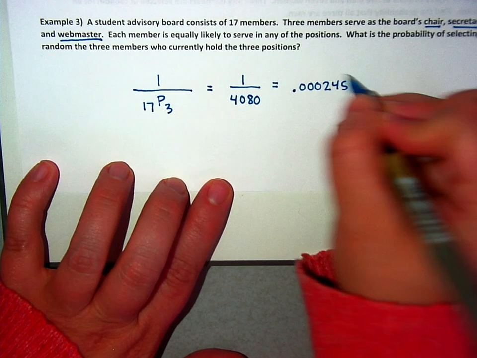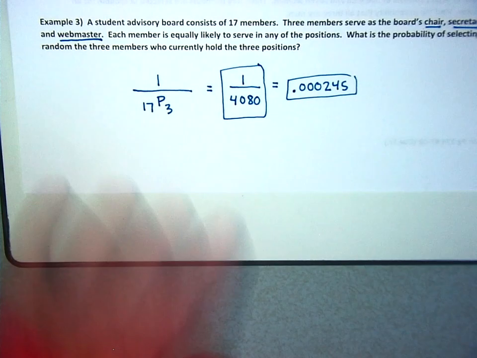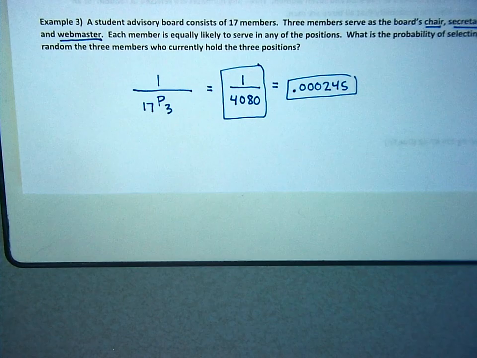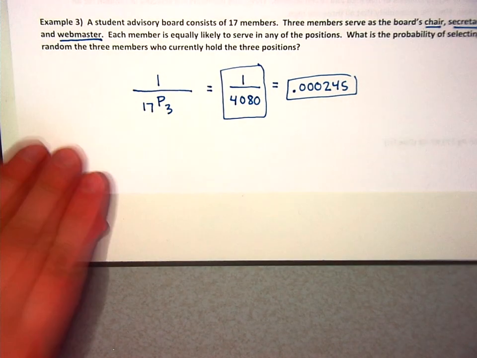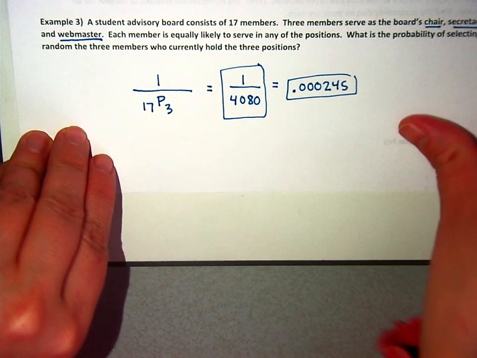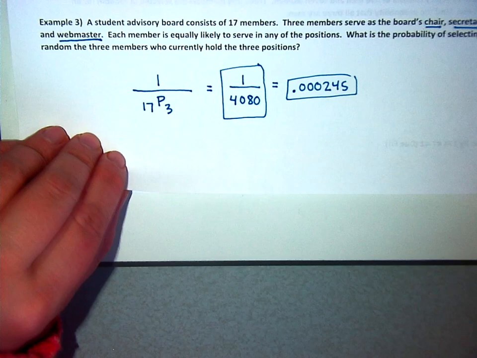All right, so I got this, and you could write either this or this as good answers. When it says what are the chances, that's when you need to have a division sign, a fraction involved. All right. Flip it over.